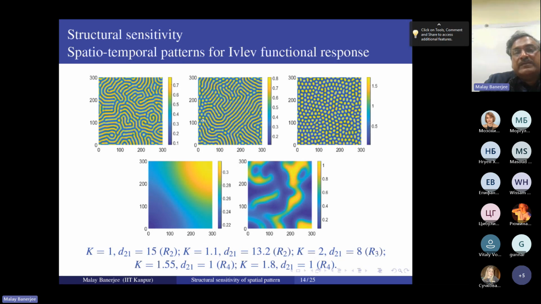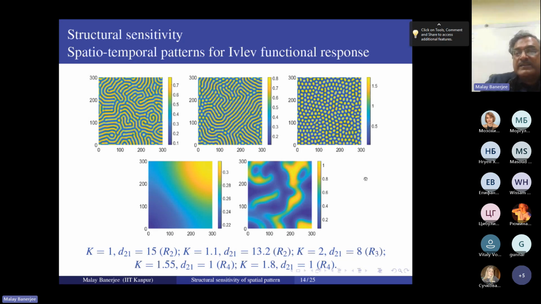Whenever we obtain this mixture of spots and stripes, in the case of the Ivlev functional response, the stripes are comparatively long if we compare with the mixture pattern, that means the mixture of stripes and spots, in the presence of Holling type 2 functional response. But this pattern is more or less the same. But if you look minutely at the range of distribution of this component, there is a significant difference in the distribution.